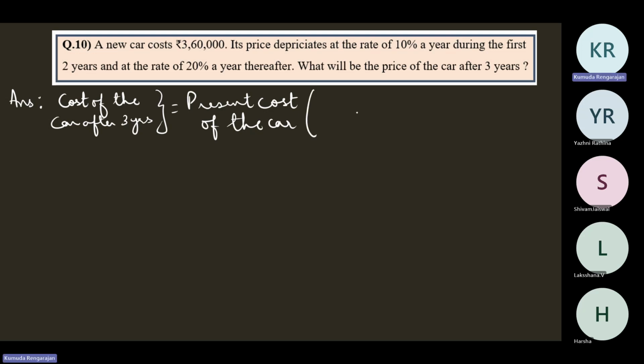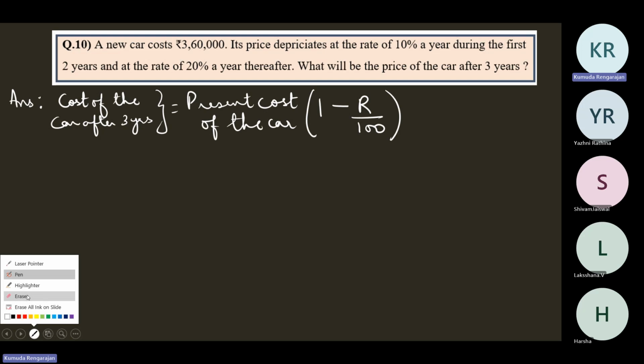Into, children see here, we have different rates of depreciation. All right. So for the first 2 years, it is 10%. So see here, 1 minus R by 100 for the first 2 years.